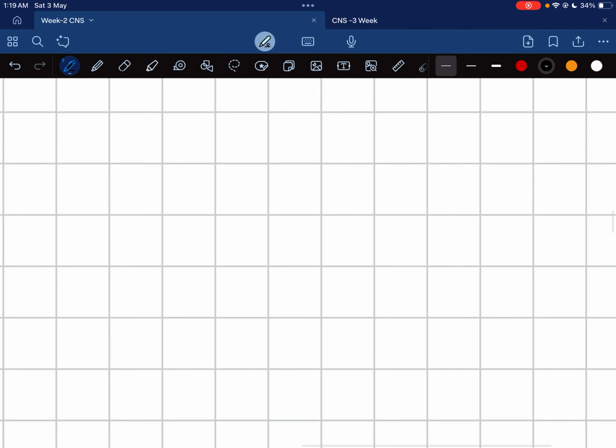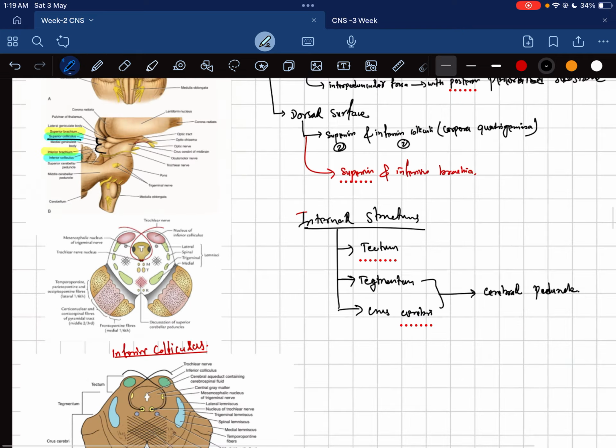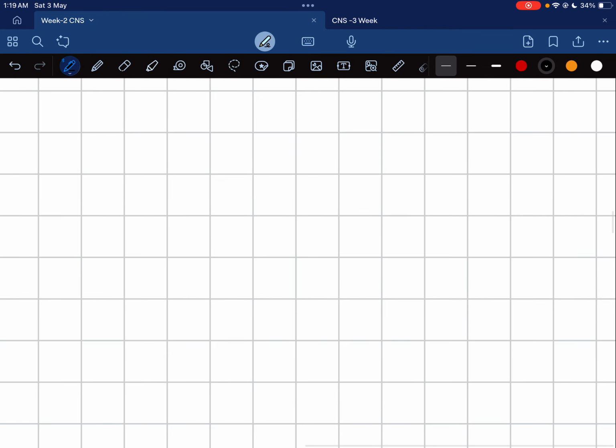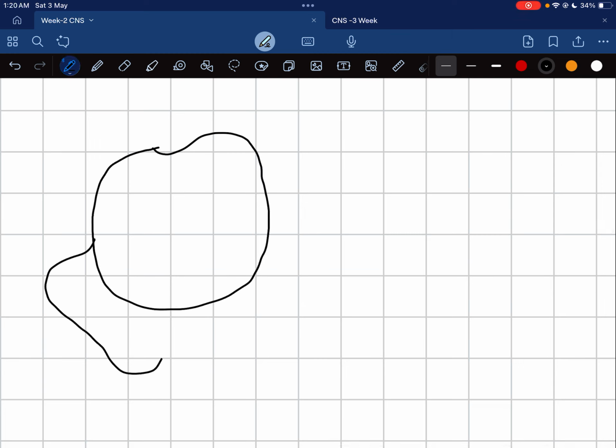When we draw the image, I think it is better to draw. This is a rough diagram of the midbrain. In between there is the cerebral aqueduct.